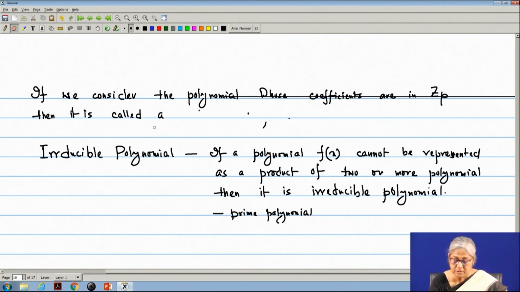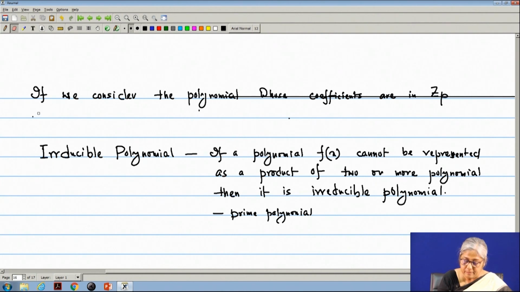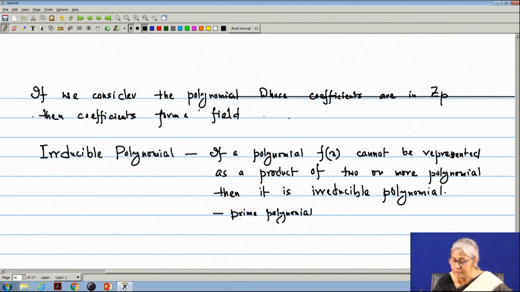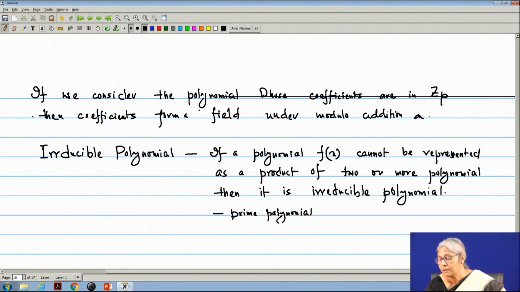Consider a polynomial whose coefficients form a field under modulo addition and multiplication.